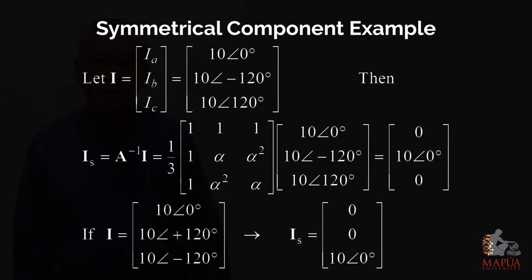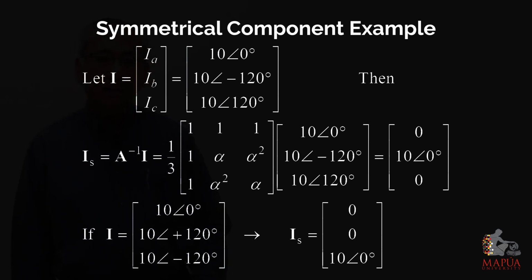Based on our previous discussion, the sequence currents are equal to the inverse of the matrix A multiplied by the phasor current matrix. Thus, the sequence currents will be equal to 1/3 multiplied by the inverse of matrix A multiplied by the phasor currents IA, IB, IC. Solving for this, multiplying these two matrices, we now have the sequence currents equal to 0, 10 angle 0 degrees, and 0.